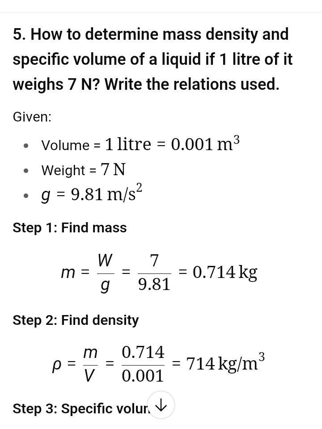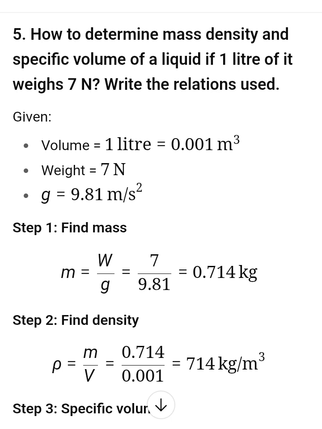Gravity g equals 9.81 meter per second square. That is not given, but consider g equal to 9.81 meter per second square to find mass and density. First, mass: small m equals capital W divided by g.